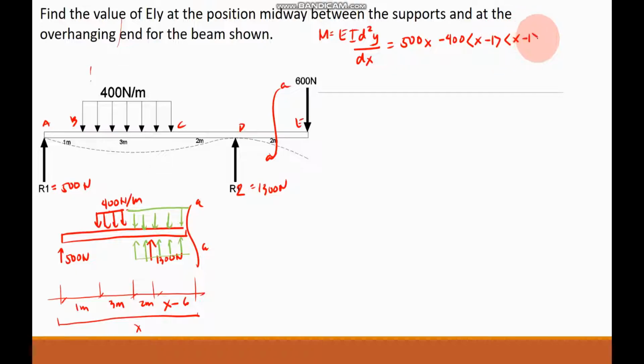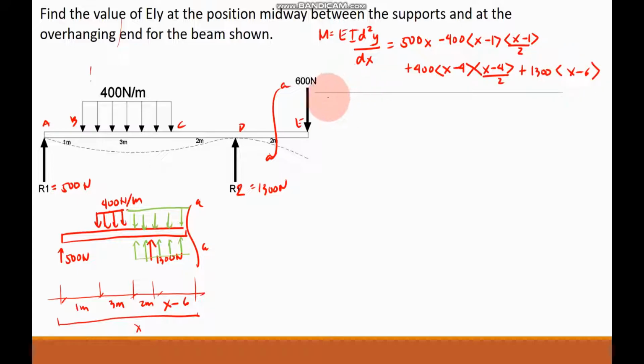Moment arm is x minus 1 all over 2 plus 400 of x minus 4. Moment arm is x minus 4 all over 2 plus 1,300. Moment arm is x minus 6.